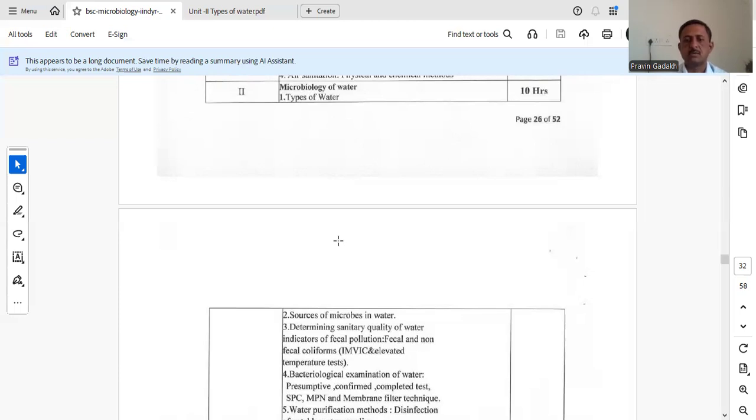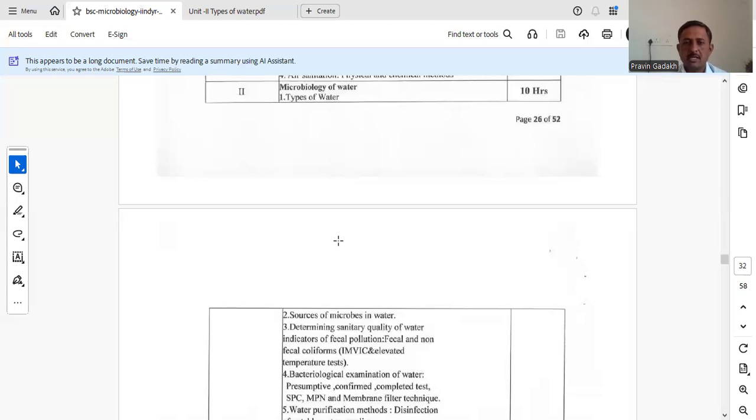We can discuss indole production, the methyl red test, the VP test, the citrate utilization test, and the elevated temperature test. By using these methods, we can differentiate whether the coliform organisms are from fecal origin or non-fecal origin, and determine whether the water bodies are contaminated with fecal coliforms originating from human feces.